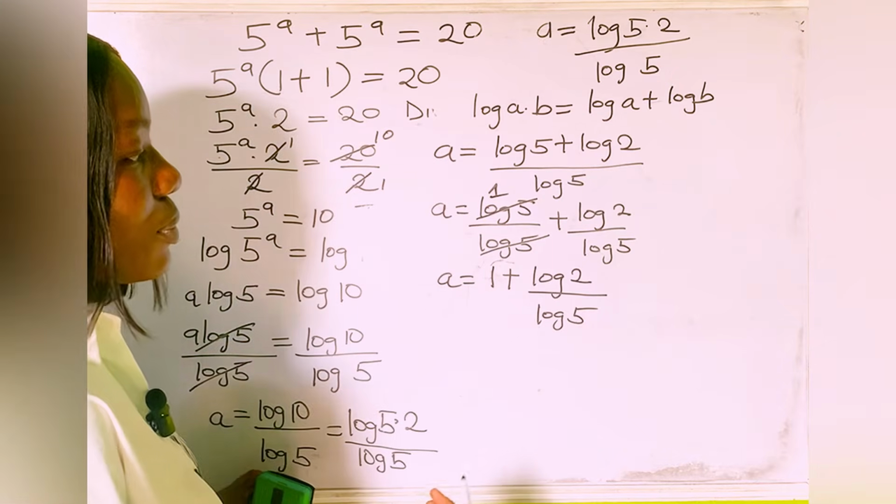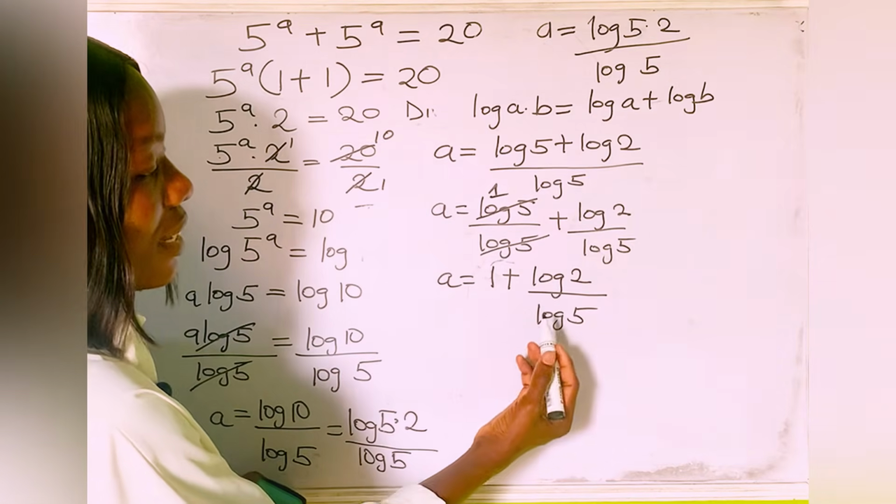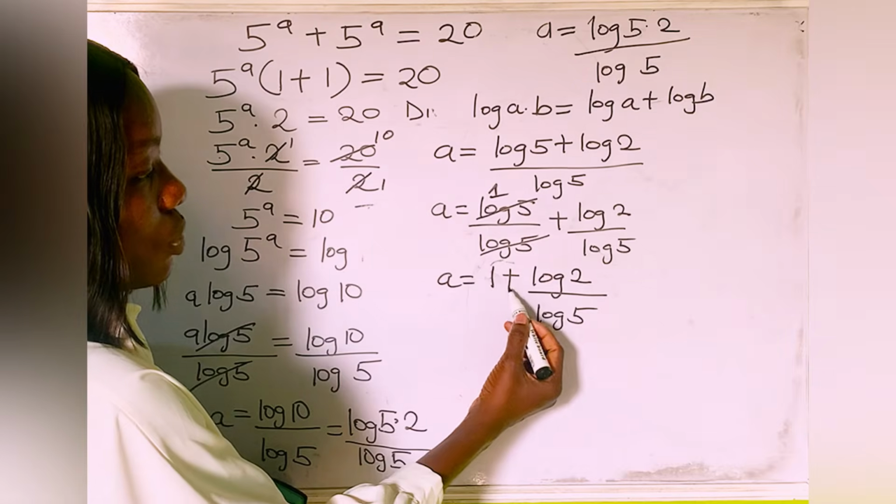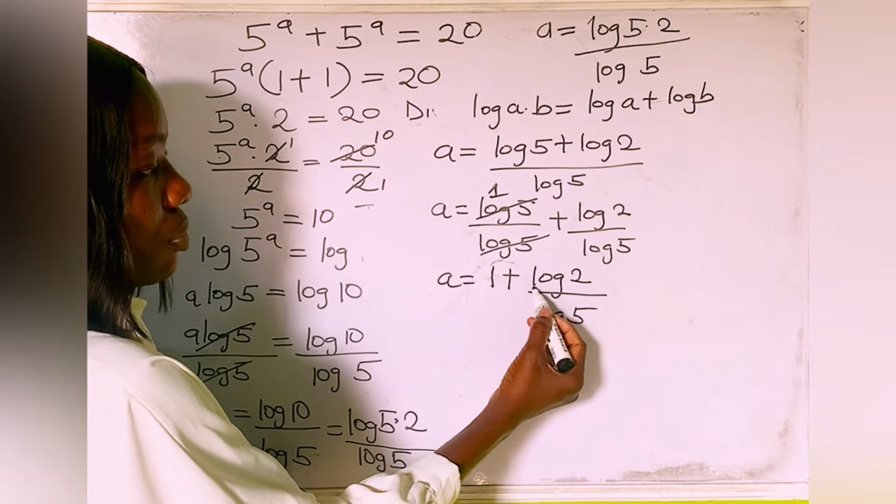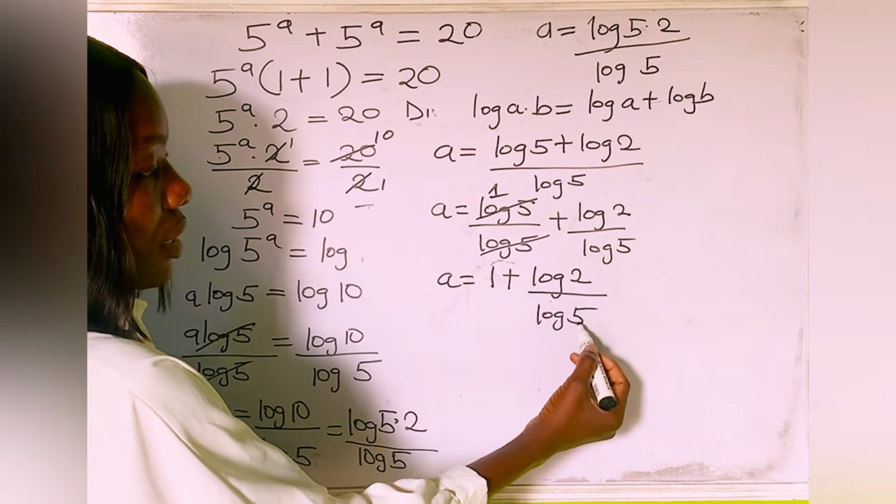Thank you. So we have that a is equal to 1 plus log 2 over log 5.